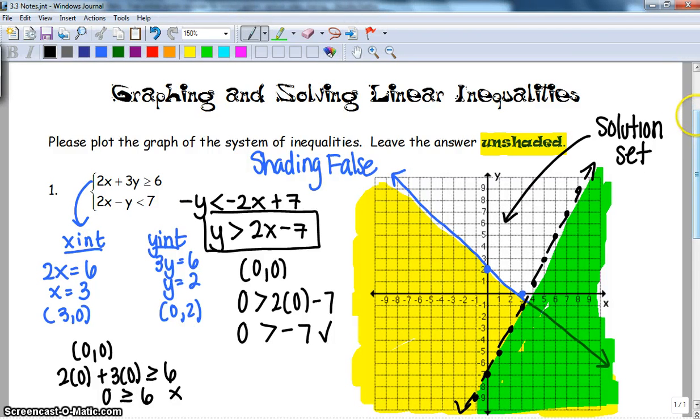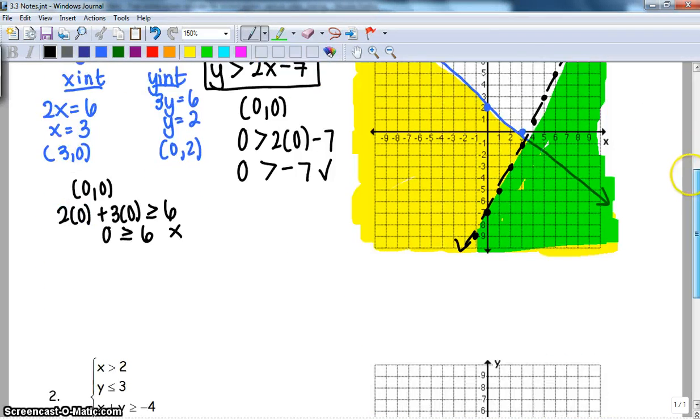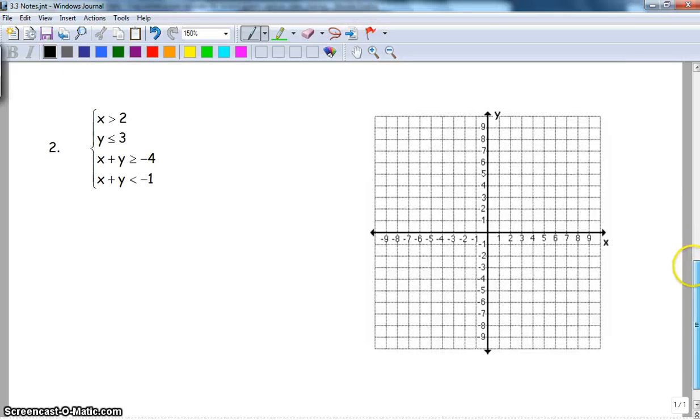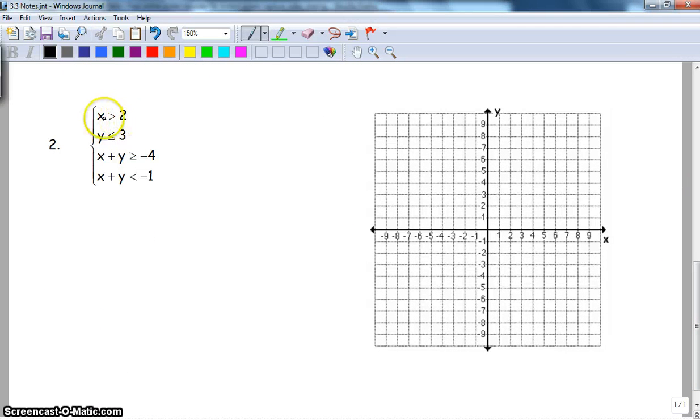All right, let's try one more. Okay, this one is a vertical line, and it will be dotted. And we'll use our test point, (0, 0). So 0 is greater than 2.